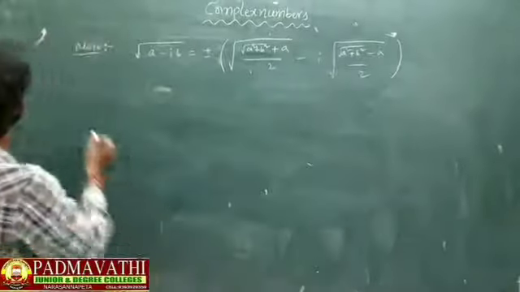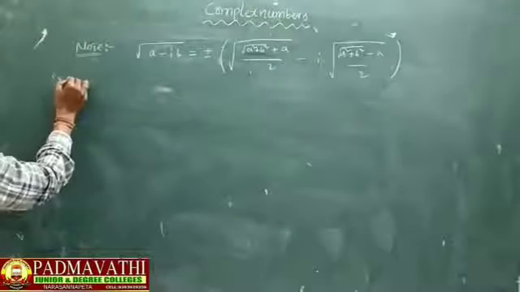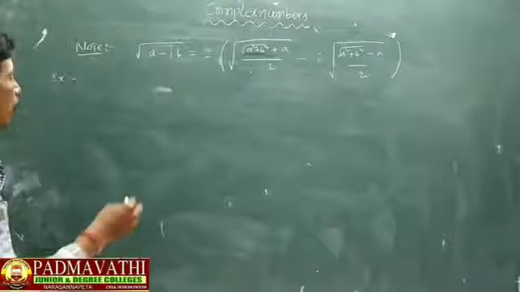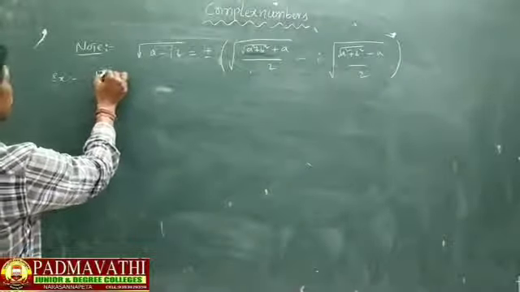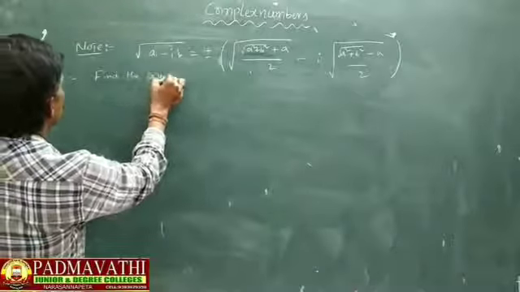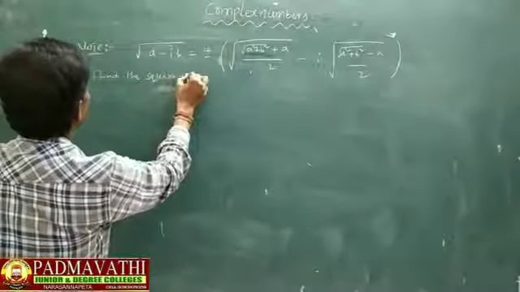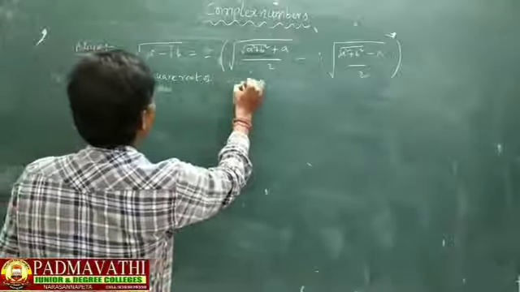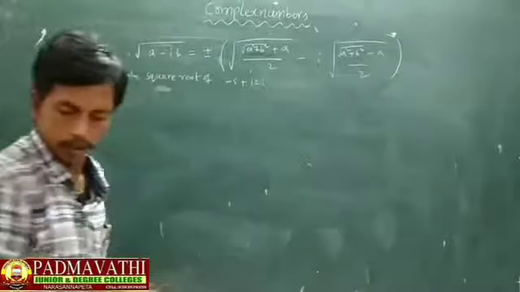Now, example: find the square root of minus 5 plus 12i.